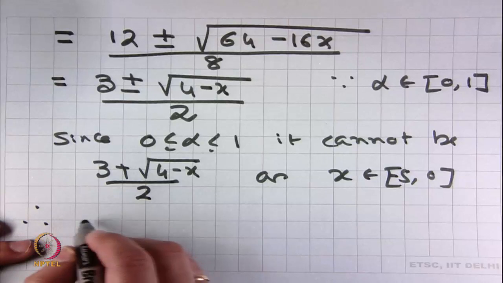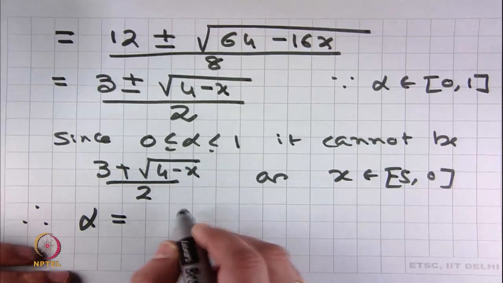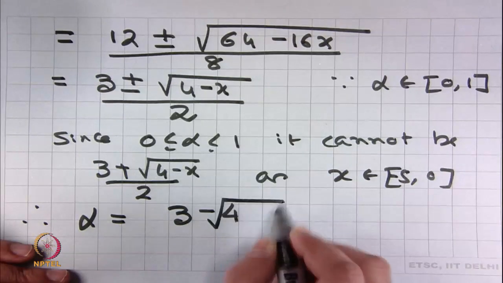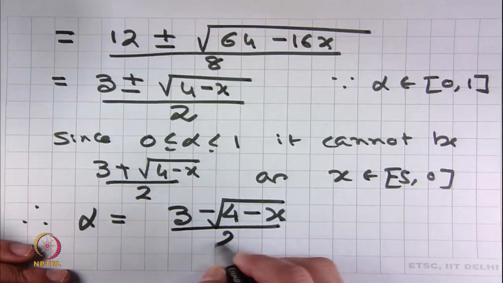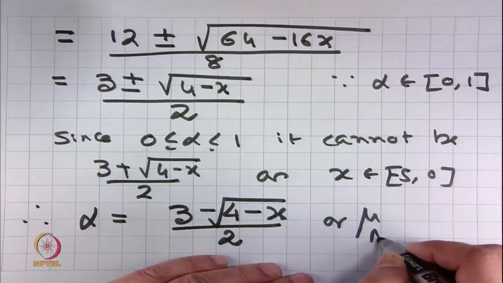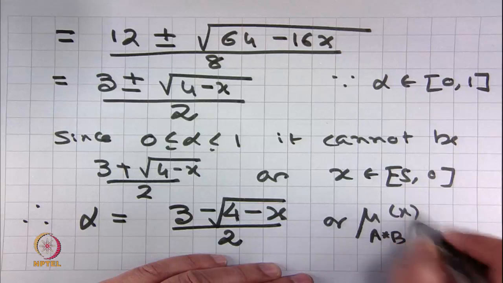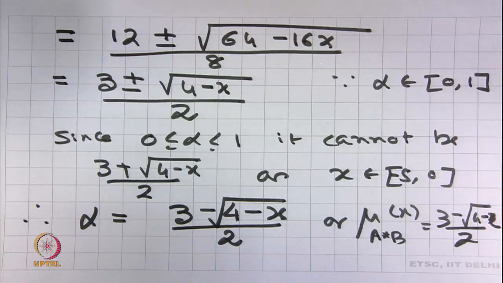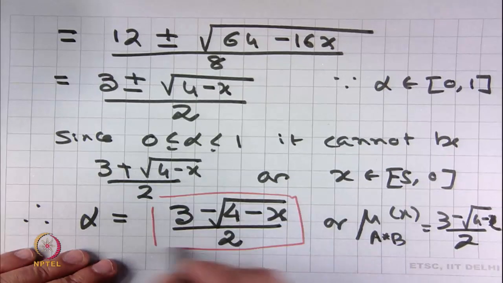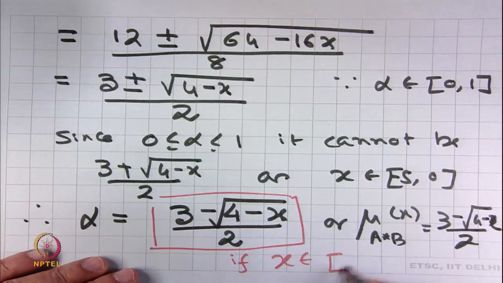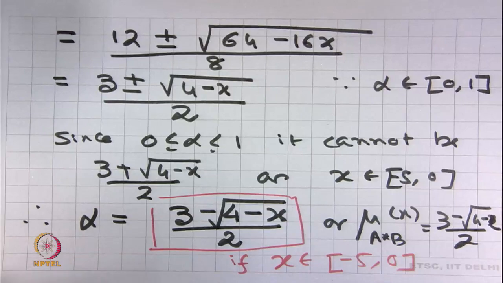Therefore, alpha is equal to 3 minus root over 4 minus x by 2, or mu a star b of x is equal to 3 minus root over 4 minus x by 2. So, this gives us the membership value if x belongs to minus 5 comma 0.